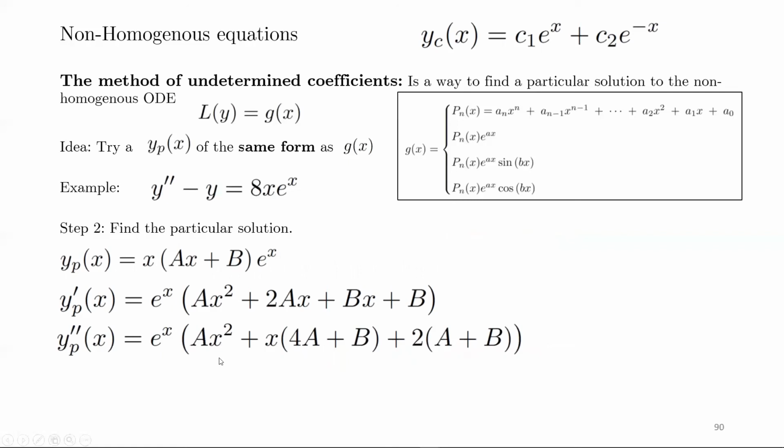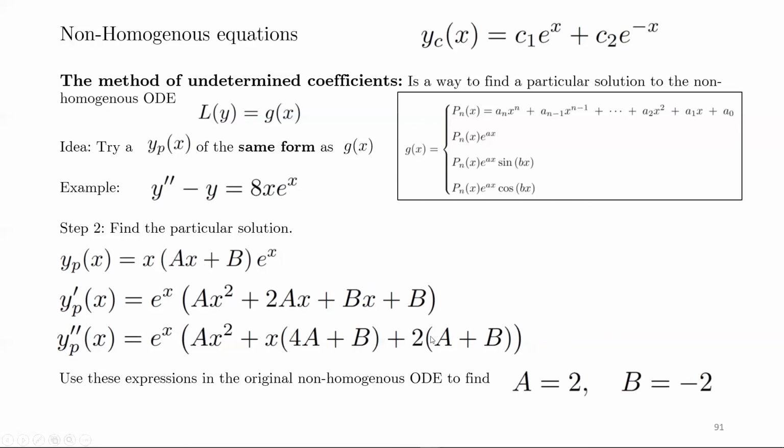I'm going to skip through this quite fast because I think it's a relatively easy product rule to take derivatives of. Again, you should take the time to work through the details here. I'm also going to leave it up to you to substitute y double prime and y into the ODE to match the terms and hopefully find that a equals 2 and b equals negative 2.